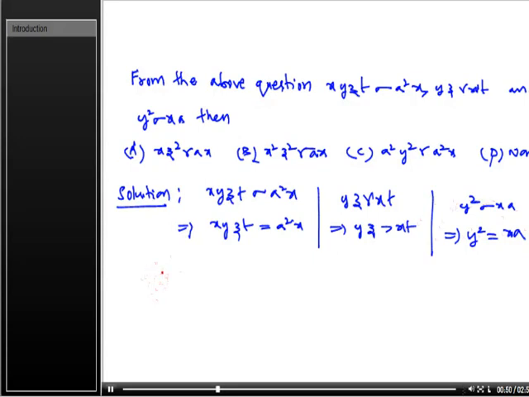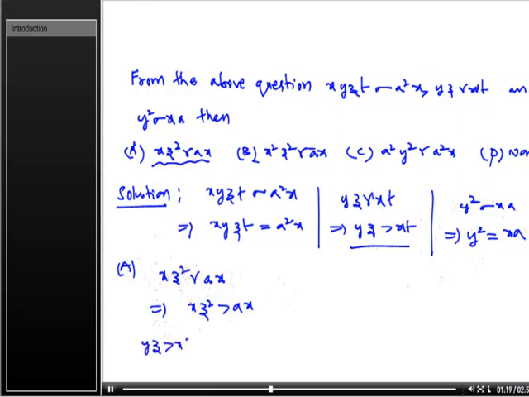Now, XZ square gamma AX, which we will consider from choice A. That is this statement. This implies XZ square greater than AX. Now, consider this inequation: YZ greater than XT.